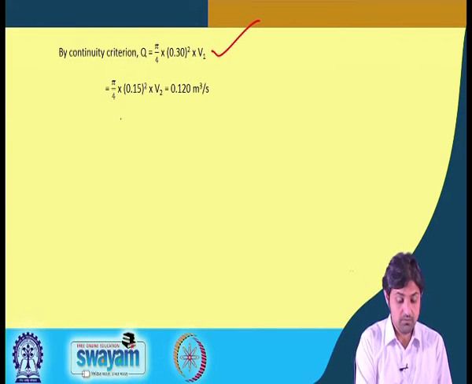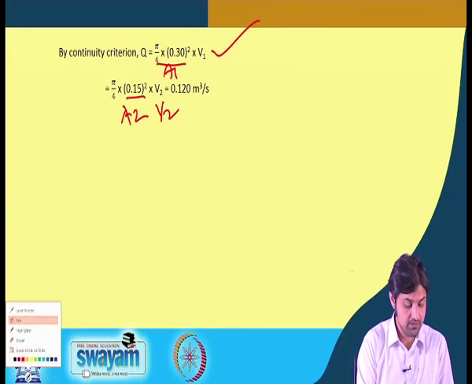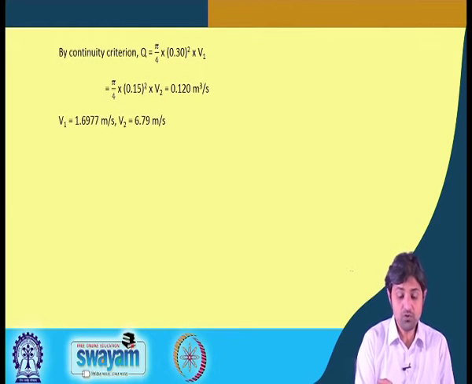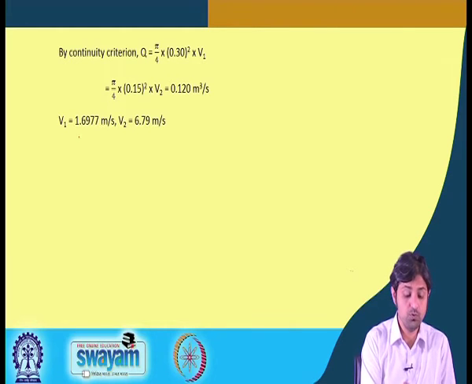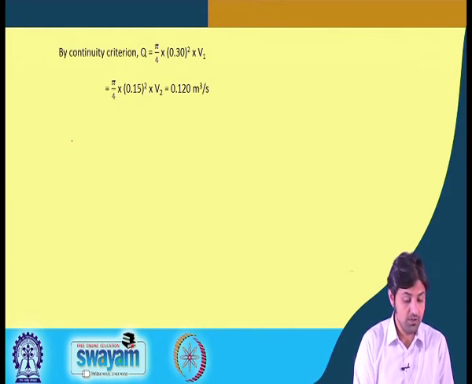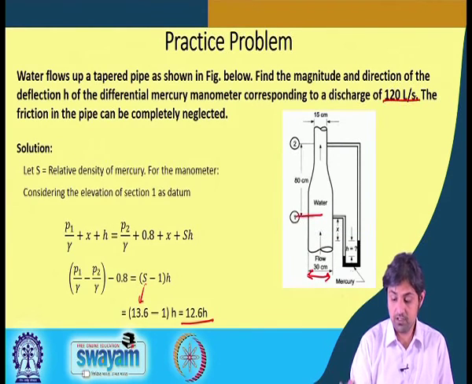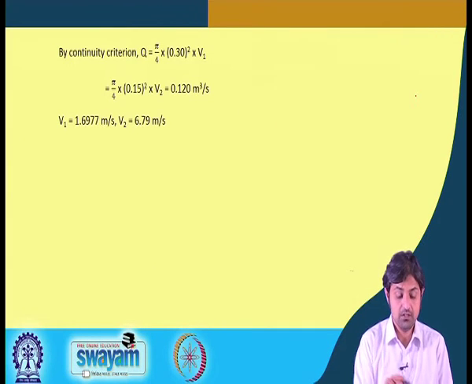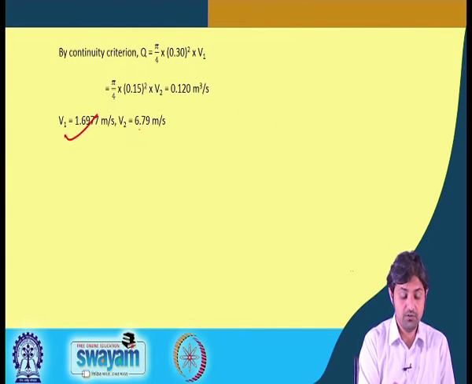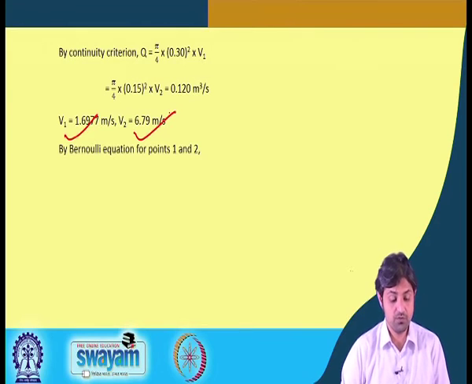Here this is A2 and this is V2, this is A1, this is V1, all right. So V1 from this method, because Q is already given. What is Q? 120 liters per second. So we can find V1 and therefore we can also find V2.